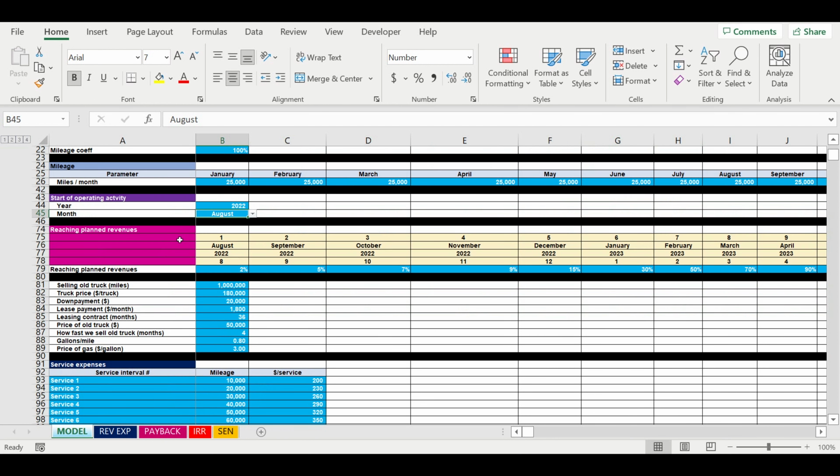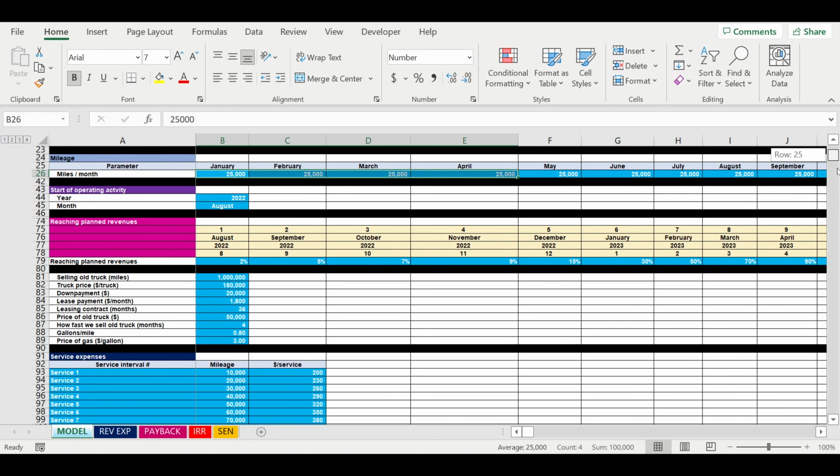Now why are we talking about this block of inputs? Because when we reach this mileage step by step, this creates operational losses during the first months of operating activity.